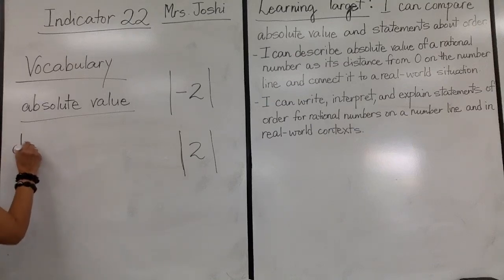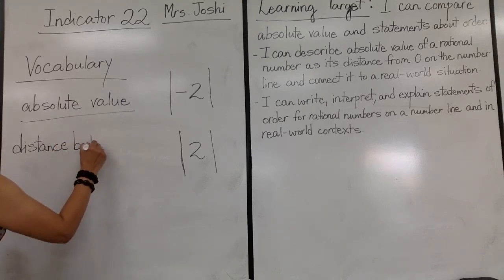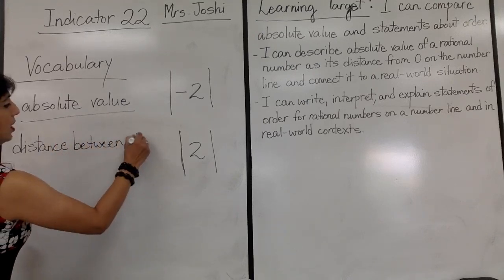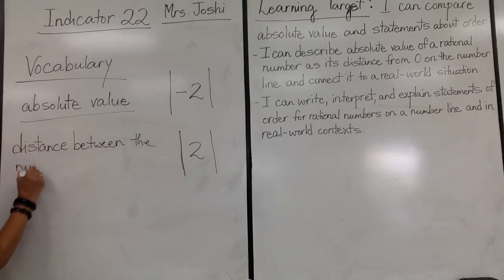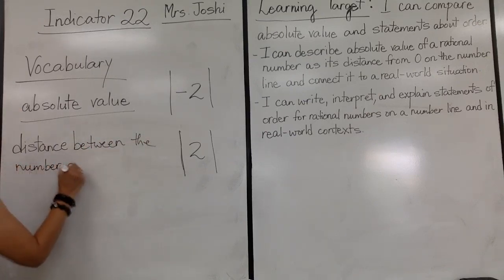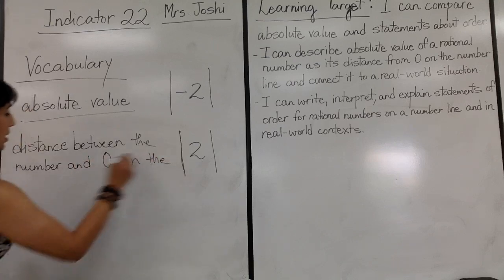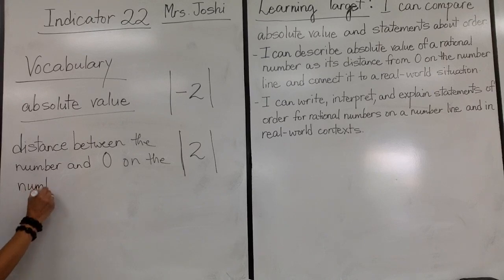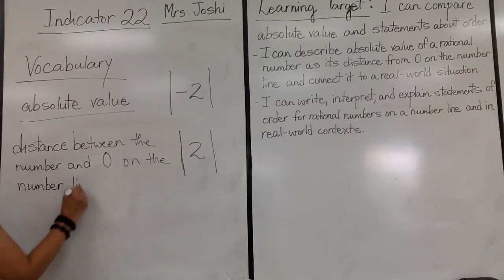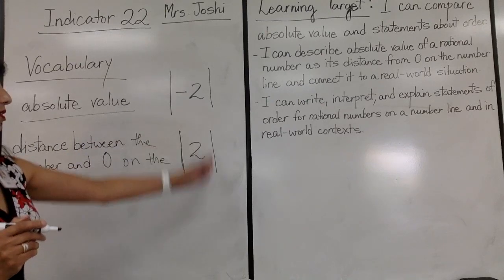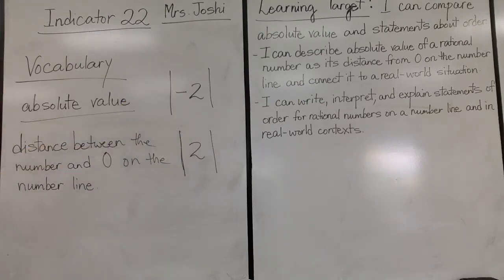Okay, so distance. So this is the distance between the number and zero on the number line. Okay, so it's pretty clear cut. It's written like this. And distance between the number and zero.